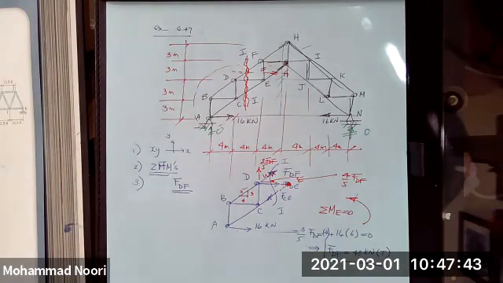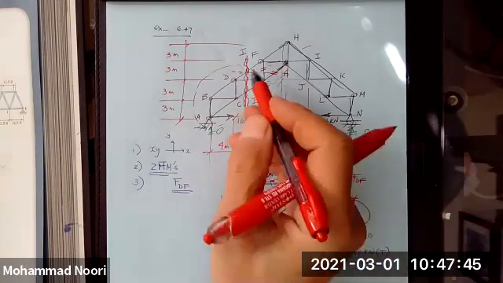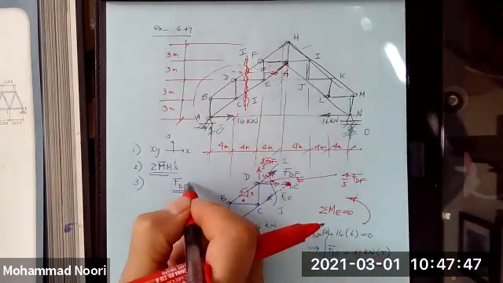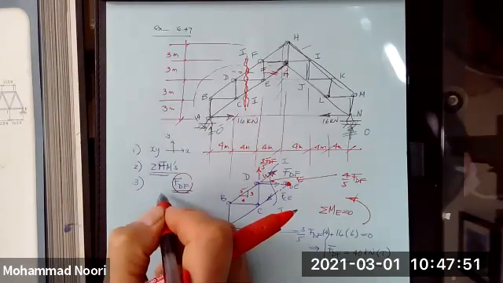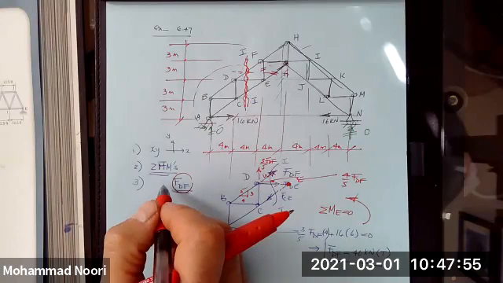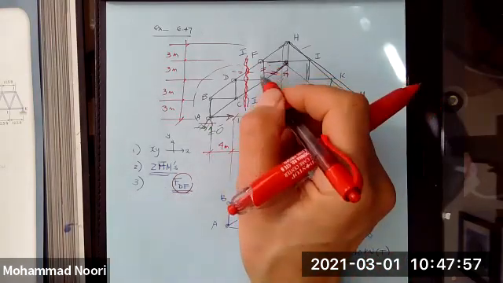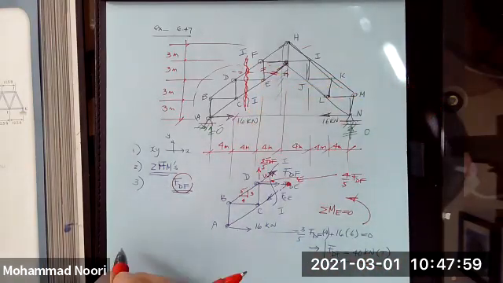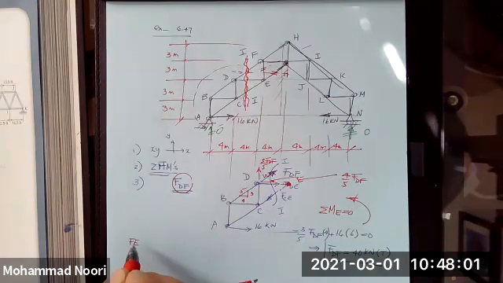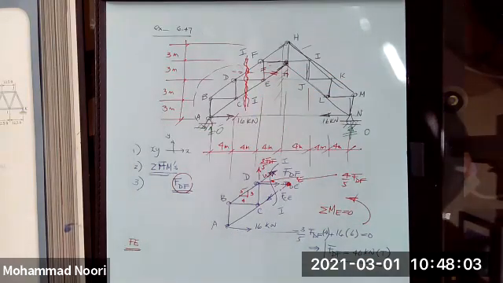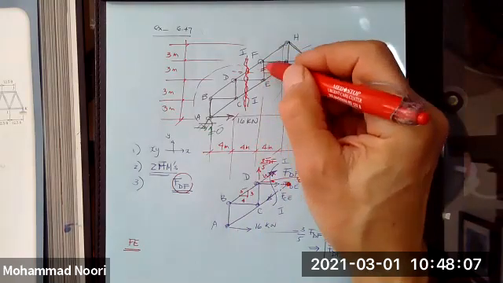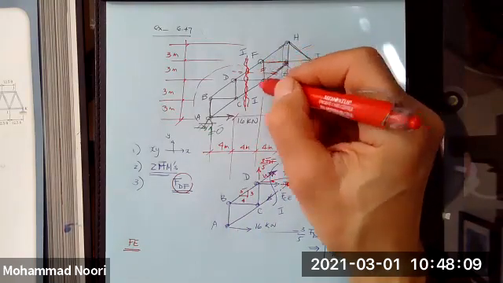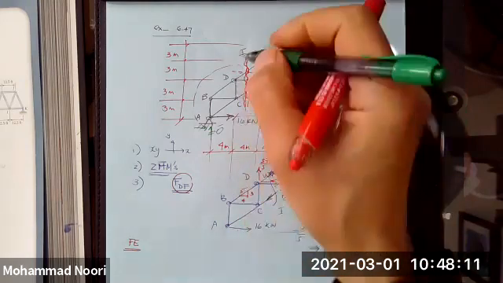Next one. So this was force DF. The problem then is asking you to find member force FE. Okay, so let's do FE. Again, you cut that member and as few as possible other members.